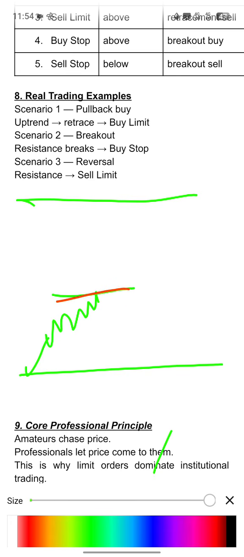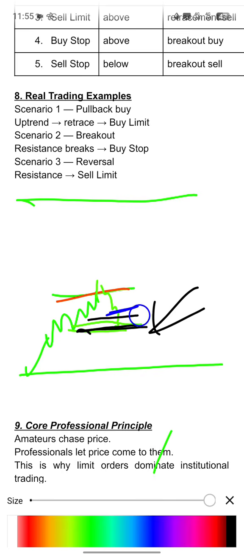Then all of a sudden you see price move this way and then retrace back into an order block here. By that time they are already out at this level because their account is gone, their account is blown. But a professional trader will place a limit order at this level, or probably at this level.